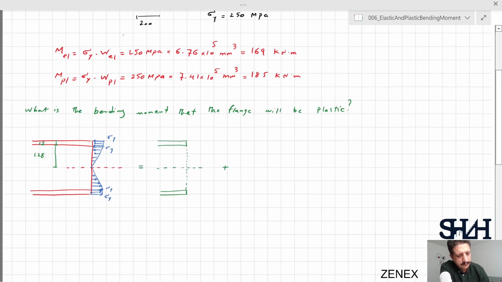Plus, ignore the flange and sketch the web. So here we know that the flange is completely plastic, and sigma y, I can write down this is F1.